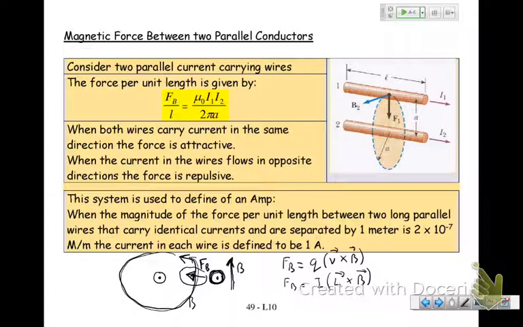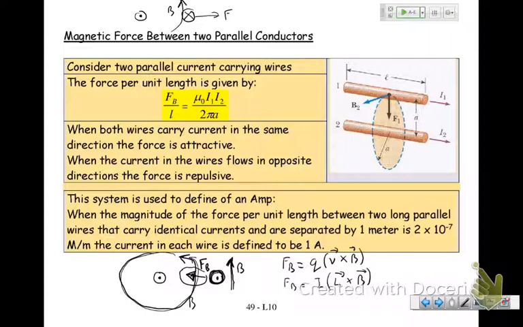Up here, I have the magnetic field coming towards me and this current going in the opposite direction. The magnetic field is still upwards, but now the current is pointing away. So I point my fingers into the page as my v, and I curl towards my B, and my magnetic force is pointing in that direction.